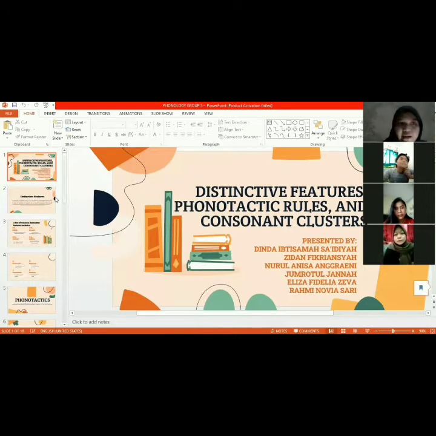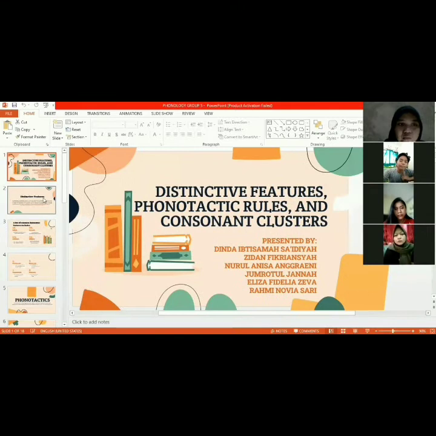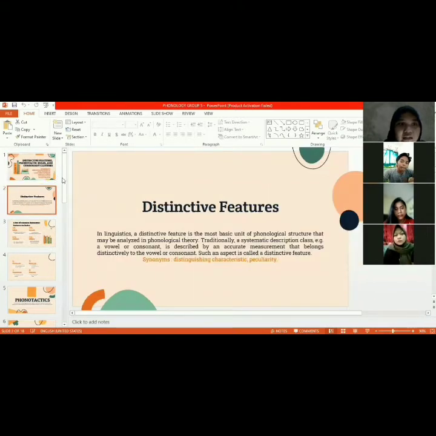I would like to present the first material, what are distinctive features. Distinctive features in linguistics are the most basic unit of phonological structure that may be analyzed in phonological theory. Traditionally, a systematic description of a class, for example a vowel or consonant, is described by an accurate measurement that belongs distinctively to the vowel or consonant.